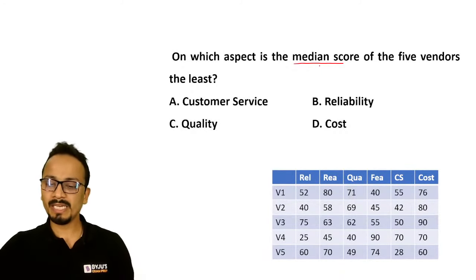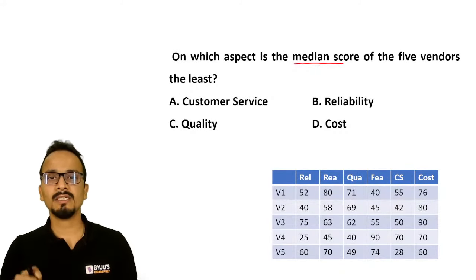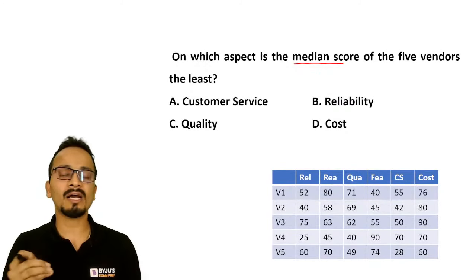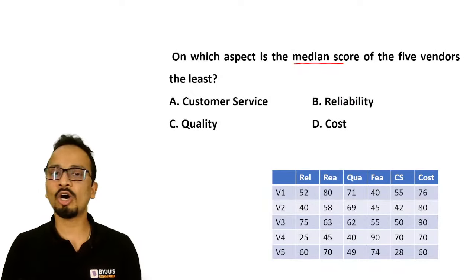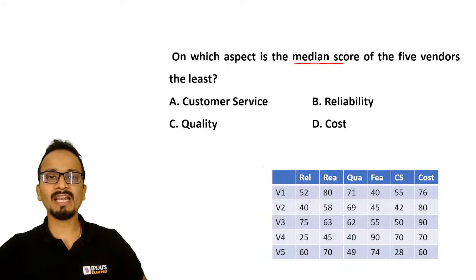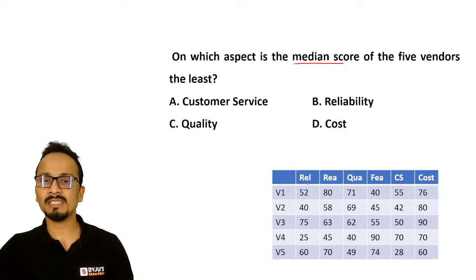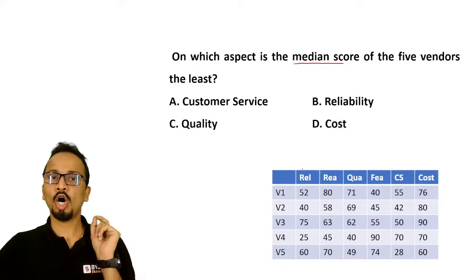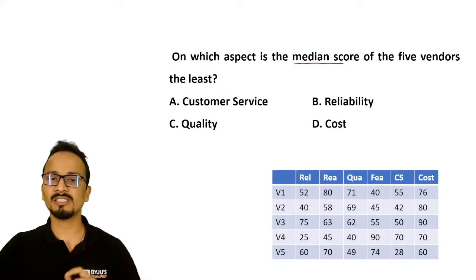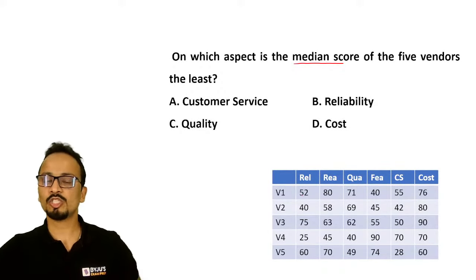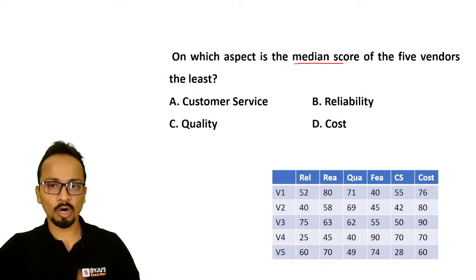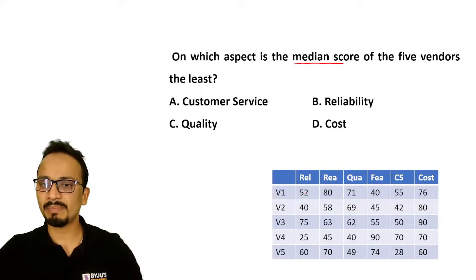Median is basically the middle value when all the numbers are arranged in increasing order or decreasing order. All right, so if I consider all these parameters separately, on which aspect is the median score of the 5 vendors the least? Okay, so I will check for all these parameters separately.